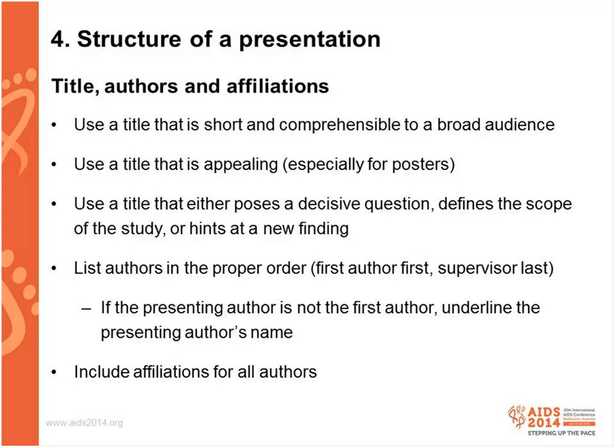If you're going to present a study and you are not the one who made most of the work, you made a substantial part of it, but not all of it, you might want to keep the same order of the authors, but label your name with either an underline or a star, so that people know who you are. Because otherwise, people would assume you're the first one, because most generally the first author presents.